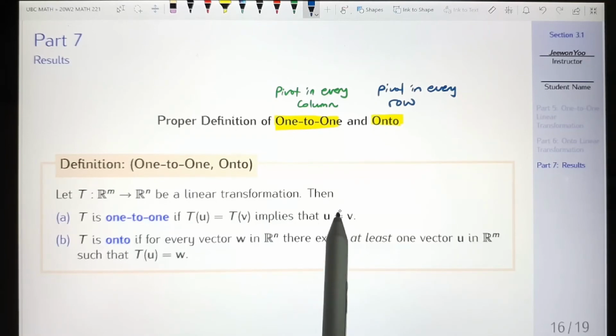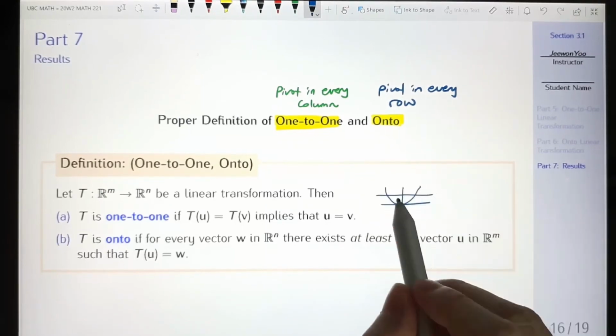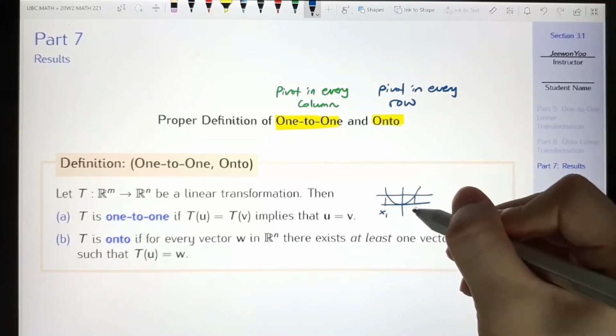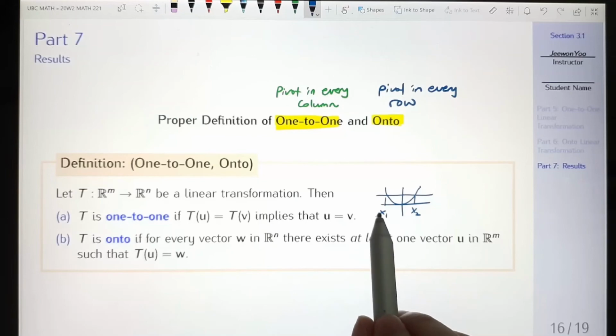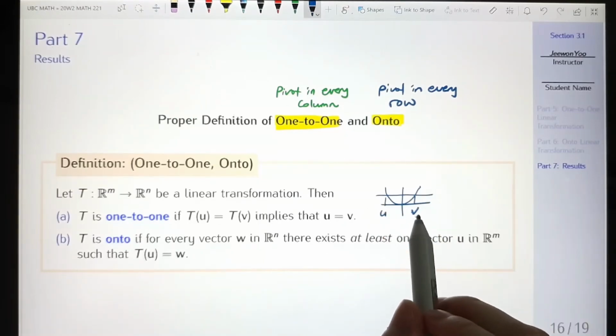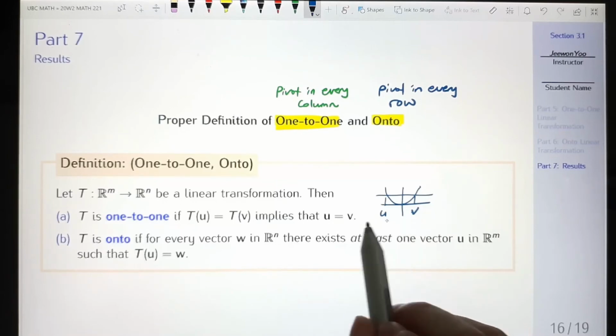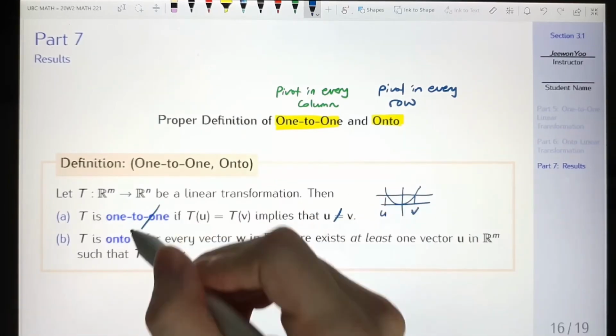If they are not equal to each other, then it's something like a parabola. We have the same y value, but two different x values. This is the case where U, which means x1, and V, which means x2, are not equal to each other. If they are not equal to each other, then T is not one-to-one.